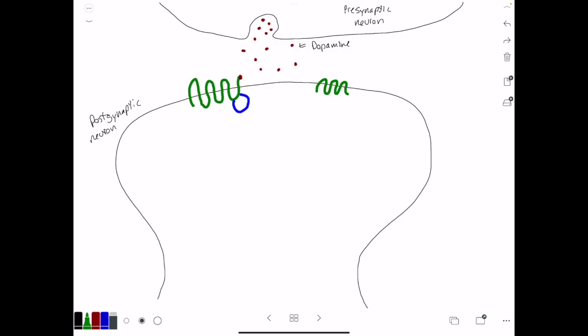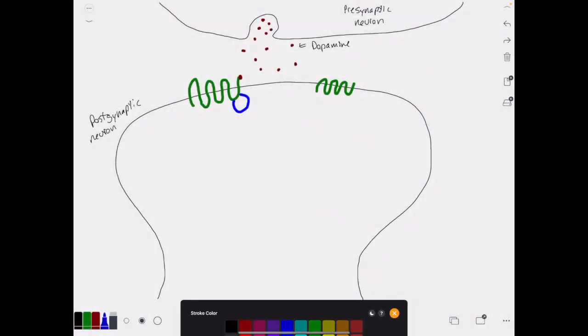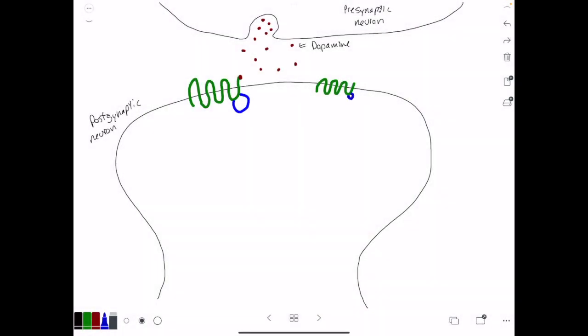Let's see, 1, 2, 3, 4, 5, 6, 7. Yes, blue. I would like blue. Okay, so these aren't meant to be the exact same receptors, but they're both metabotropic receptors, G-coupled protein receptors. And this one, which I labeled A2A before, was incorrect. This is actually a D2, dopamine 2 receptor, and this is our A2A.